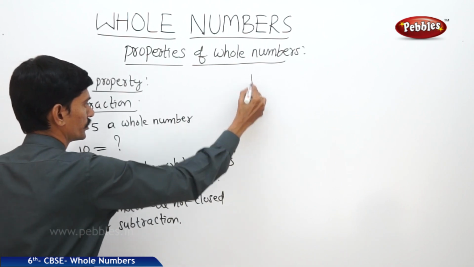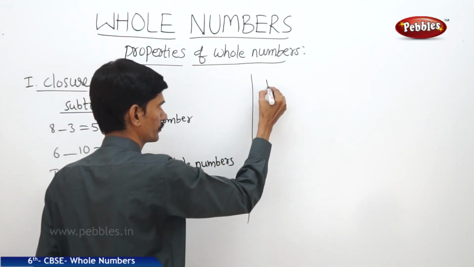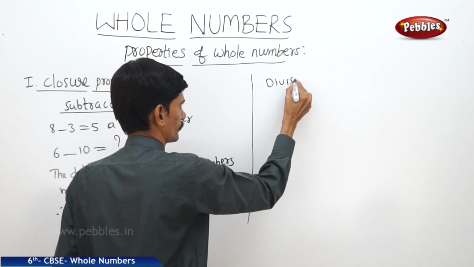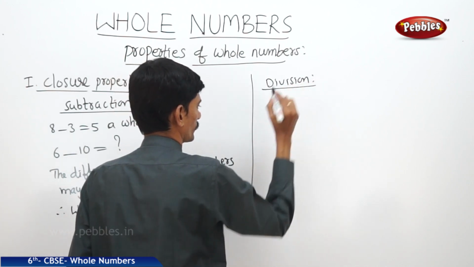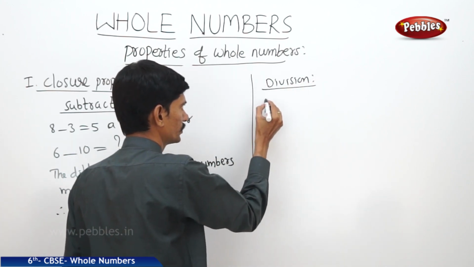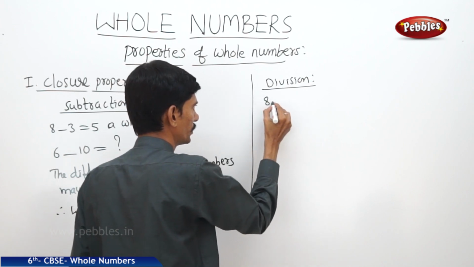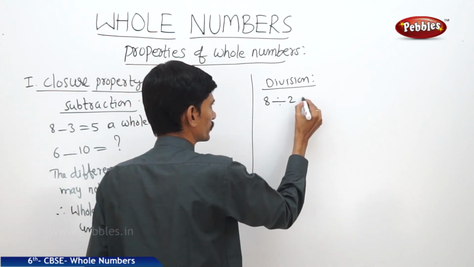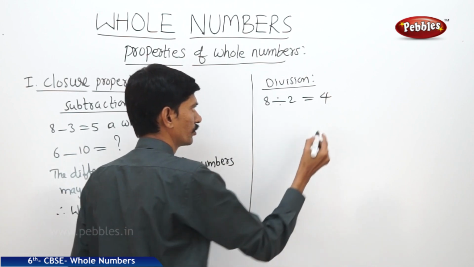Now let us check under division. Here 8 is a whole number, 8 divided by 2 equals 4, a whole number.